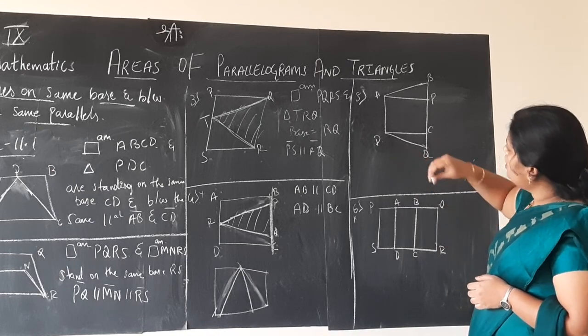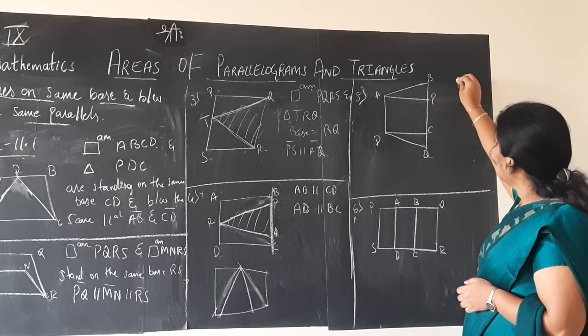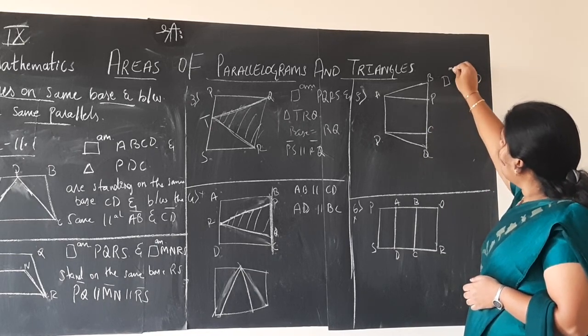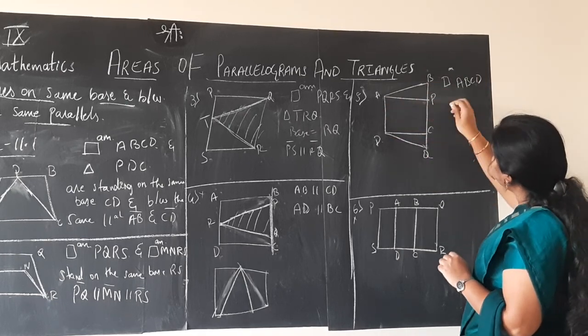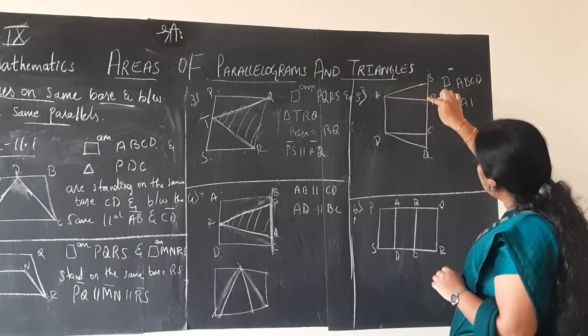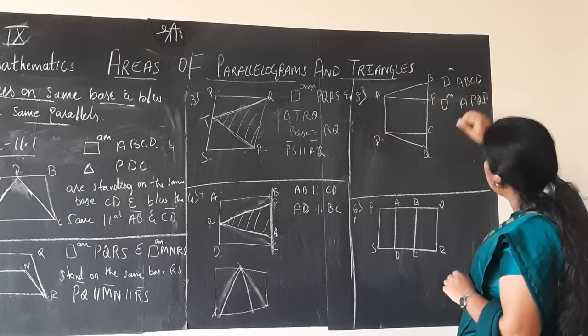Fifth question, if you see, you have two parallelograms here again. ABCD is one parallelogram, and one more parallelogram we have is APQD.